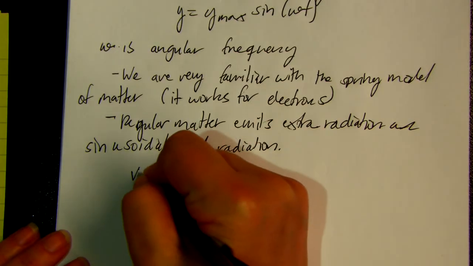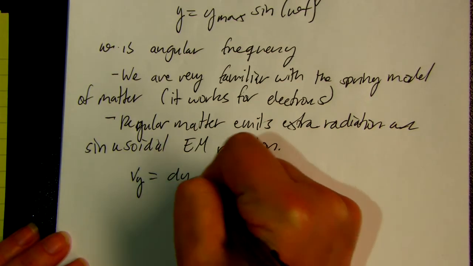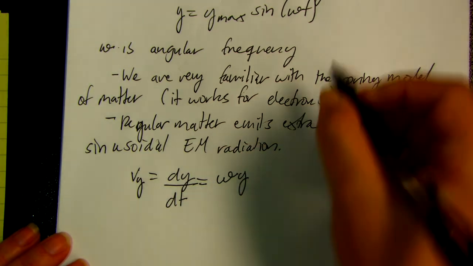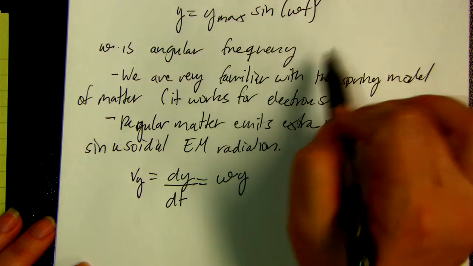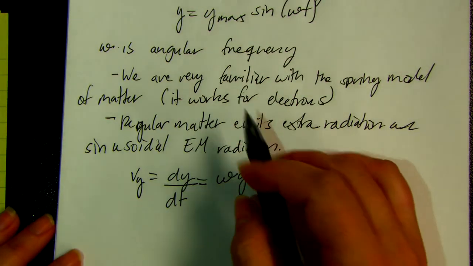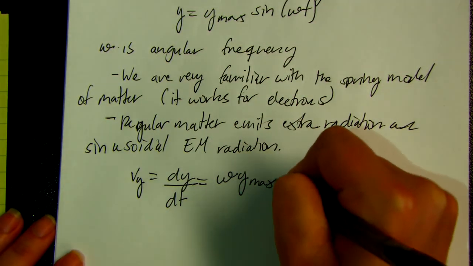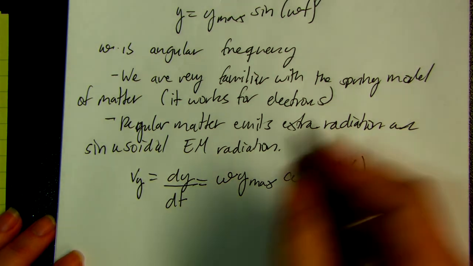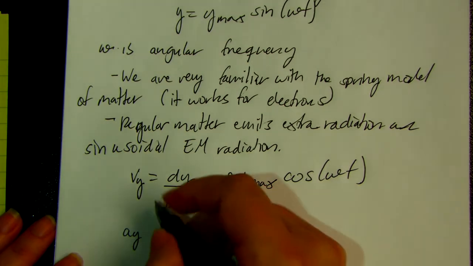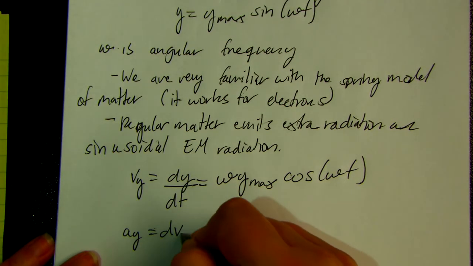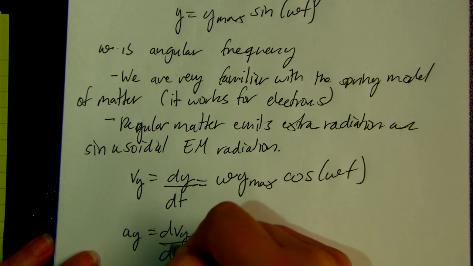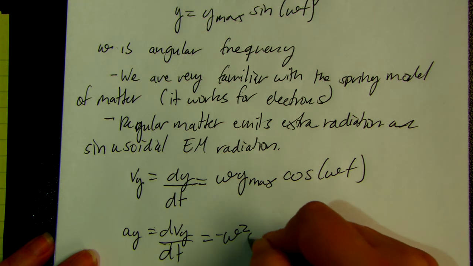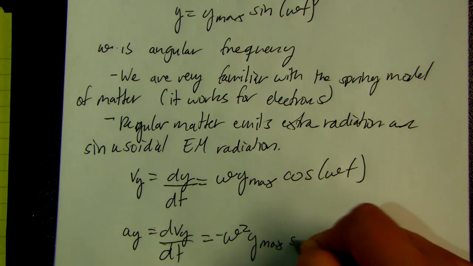So we can get the velocity in y, Vy is equal to dy/dt, which is omega y max. So in this case, we're just plugging this equation in. We're taking the time-based derivative, omega y max cosine omega t, and the acceleration in y, so dVy/dt, or the second derivative of position, is equal to minus omega squared y max sine omega t.